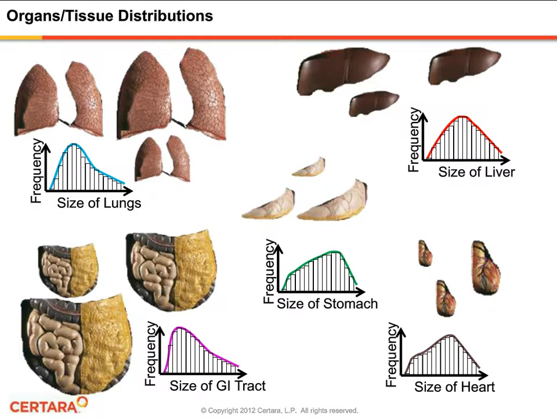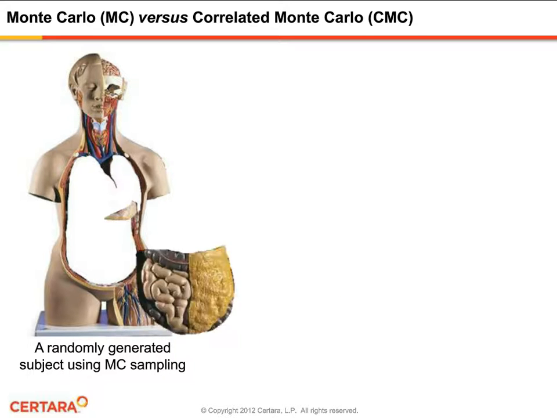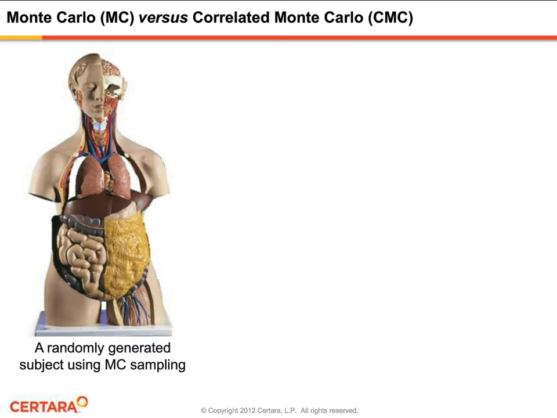So if we move on to this next figure, what we're looking at is a Monte Carlo versus a correlated Monte Carlo approach. I've talked about the fact that we sample from distributions to put a virtual individual together, but what we want to make sure is that the organ sizes are relevant to that individual. Quite clearly here, you can see that these organs were randomly generated using a Monte Carlo approach and assigned to the individual, but the sizing isn't correct.